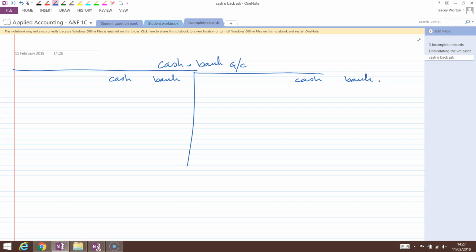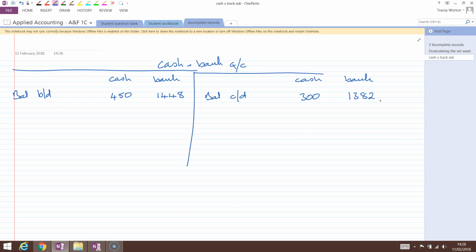In terms of the opening balance, the balance brought down from last time, the cash has a 450 opening balance and the bank had a 1448. In terms of my closing balances, the balance to carry down to next time from the year end, our cash was sitting at 300 and the bank was sitting at 1382.